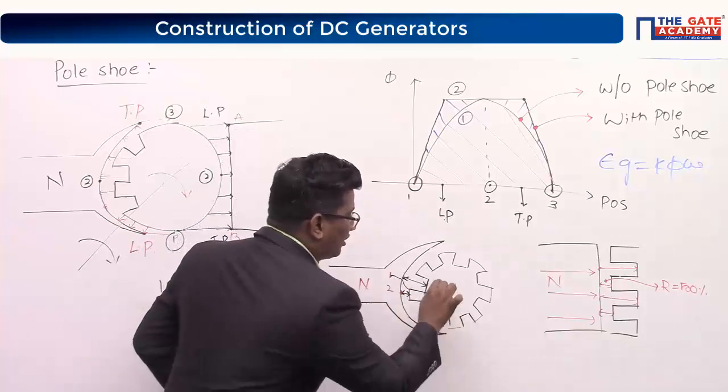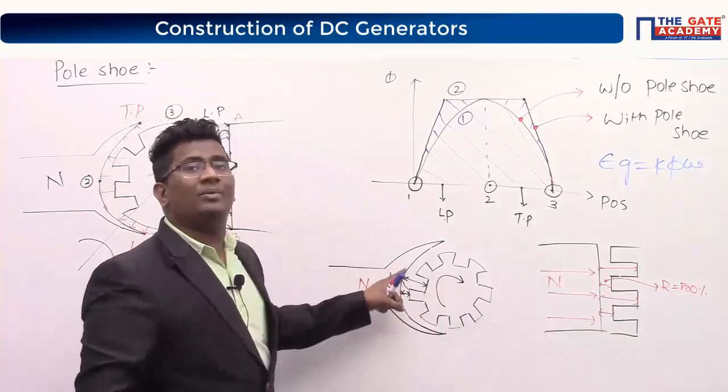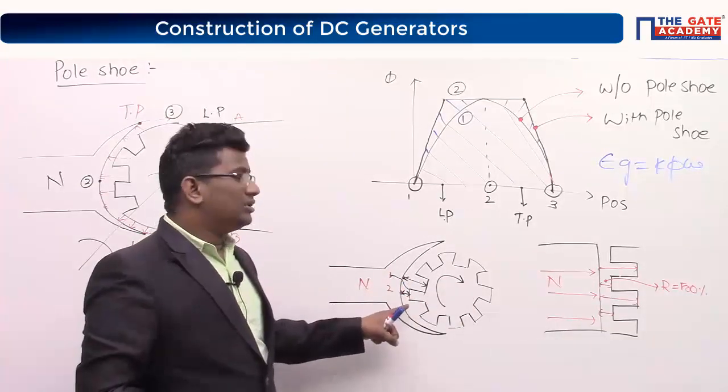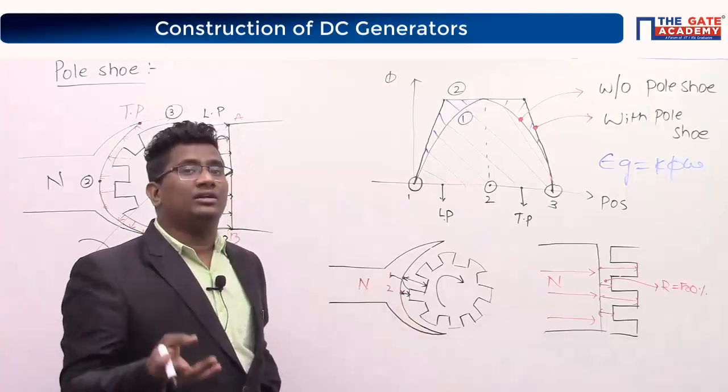Because we are rotating in the clockwise direction, the teeth is occupied by the first position. Is the second position occupied by the teeth or slot?